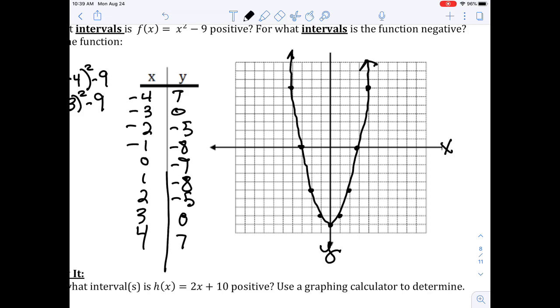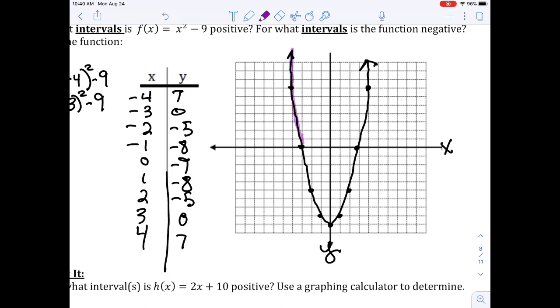The graph of this parabola, I'm going to go ahead and shade for you the portions of the graph that are above the x-axis and then the portions of the graph that are below. Now, when I refer to the graph, I am actually referring to the U-shaped curve. So don't be confused when I say graph. I'm not referring to the coordinate plane. I am referring to what you have plotted on the coordinate plane.